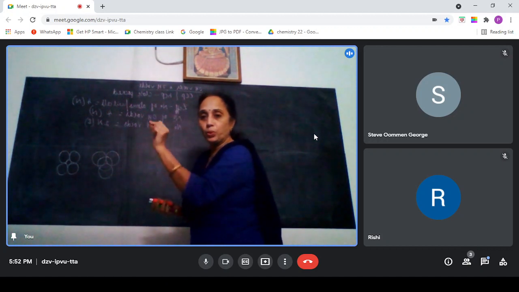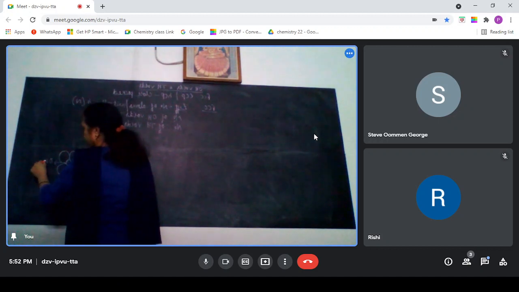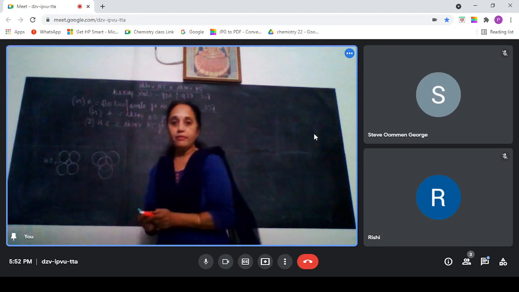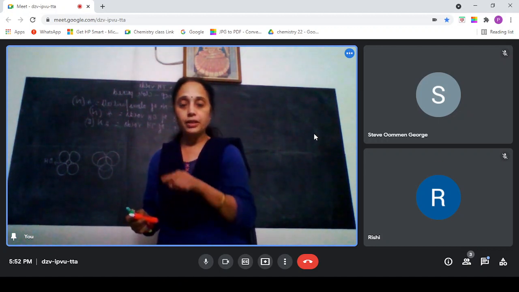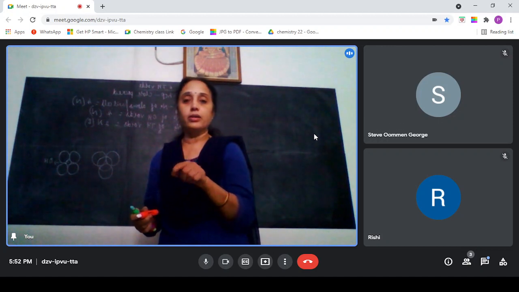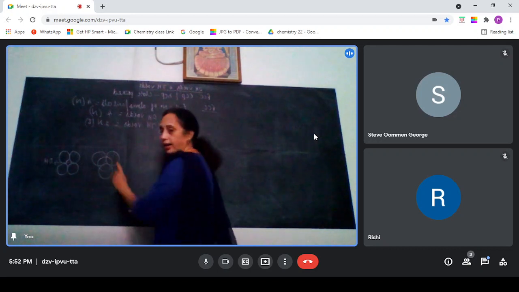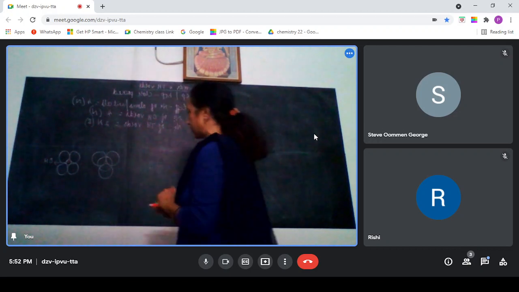At the center you will have 1 void, that you call it as octahedral void. Octahedral void will be touching 6 spheres. It is in coordination with 6 spheres, whereas tetrahedral void will be touching 4 spheres.